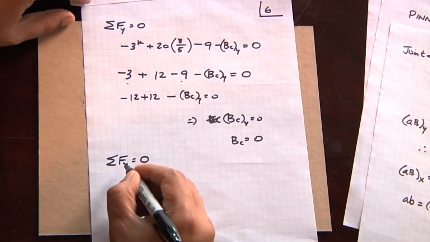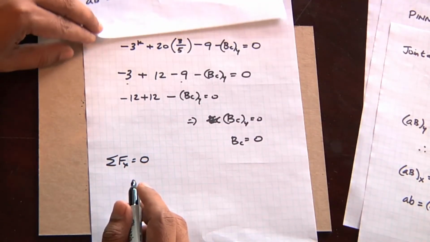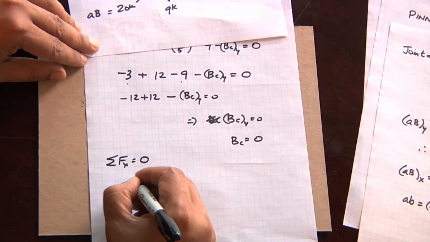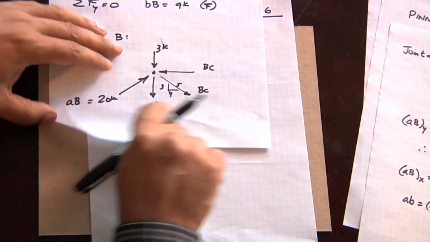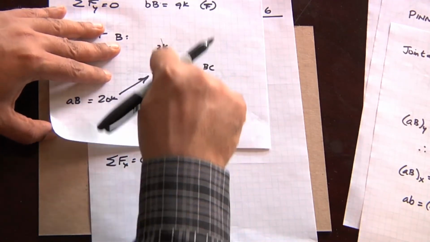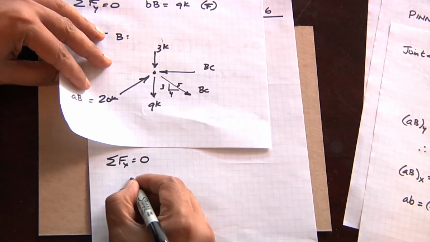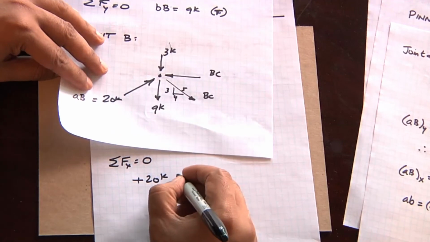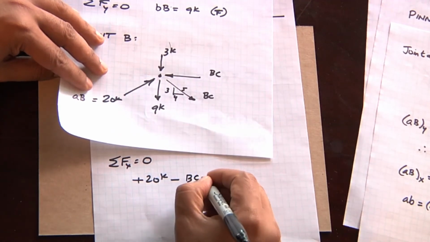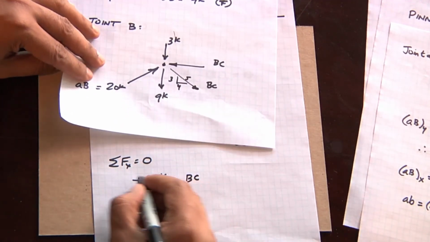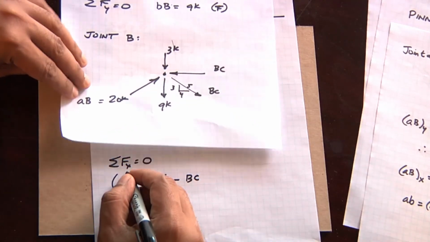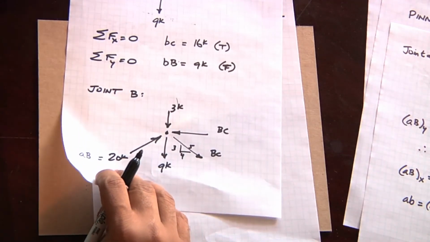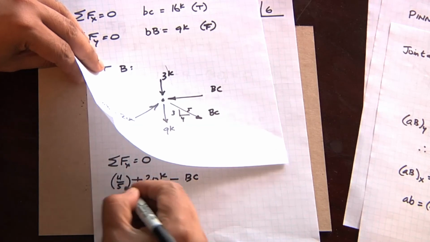Sum of the forces in the x direction, with right being positive. The 9 and the 3 don't enter into play. We have plus 20 kips, and we have BC going in the opposite direction. So plus 20 times the ratio using the triangle, which is 4/5.